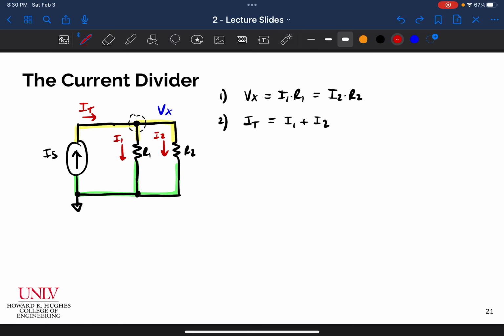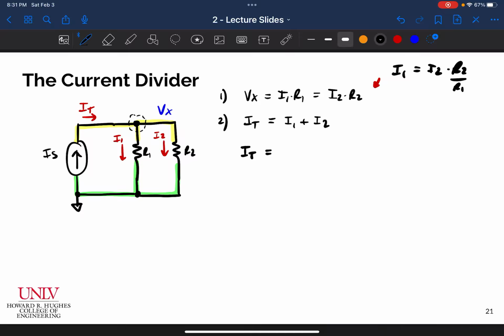What I can do is rearrange this one, and I'll just solve for I1, which is going to be I2 times R2 over R1, just by dividing both sides by R1. And now I can plug that into my equation here.